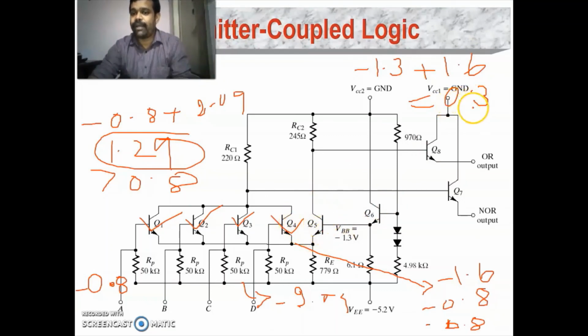So here you are having only 0.3. So this Q5 will not conduct. Since this Q3 is conducting, Q7 will conduct, and you are getting a low output at NOR. Since Q5 is not conducting, this Q8 also will not conduct, and you are getting a high output here.